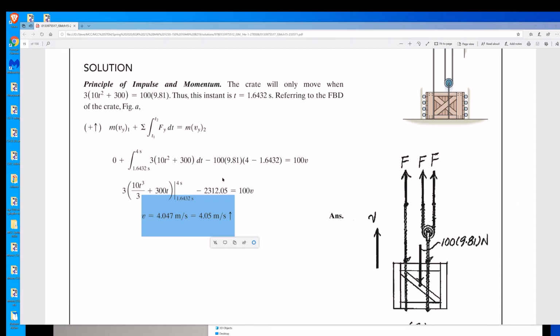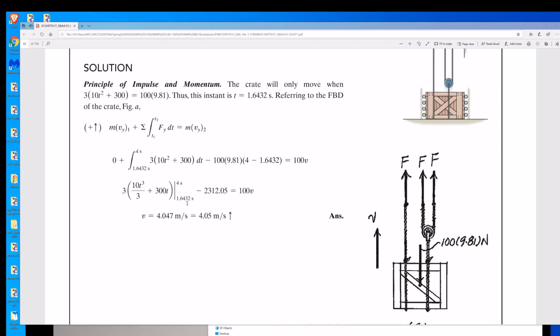That pretty much is the summary of this particular problem. A couple of things to keep in mind: you're not getting motion until a certain amount of time has gone by, so we consider that part to be the impulse that's actually causing this to move.